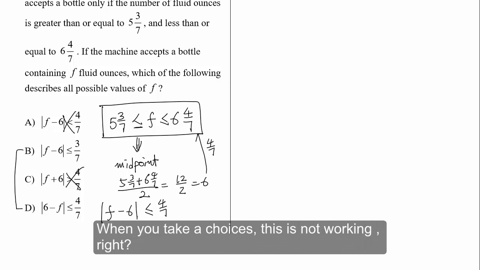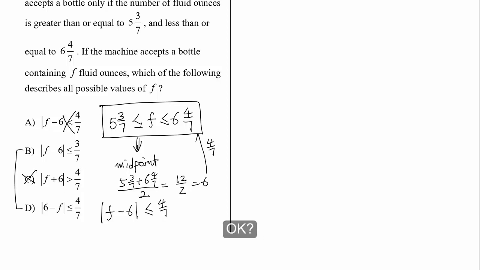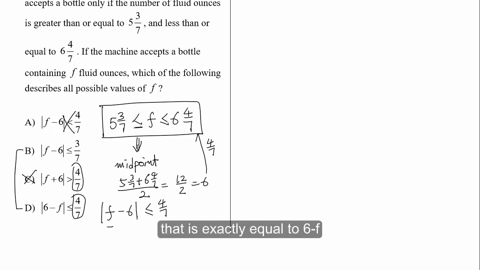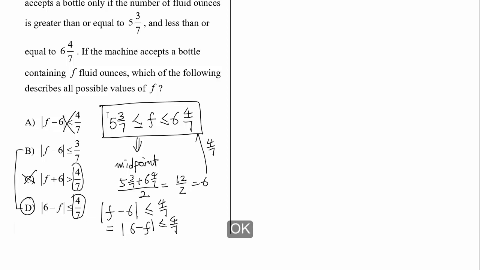Okay. So when you look at the choices, this is not working, right? Not working. Okay. So f minus 6 is exactly equal to what? 6 minus f, right? So the answer is choice D.